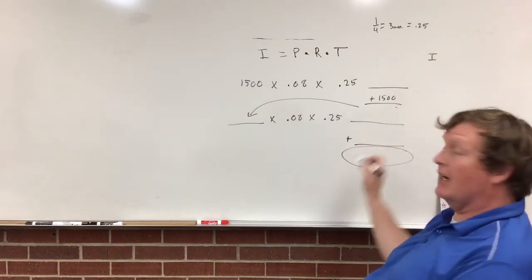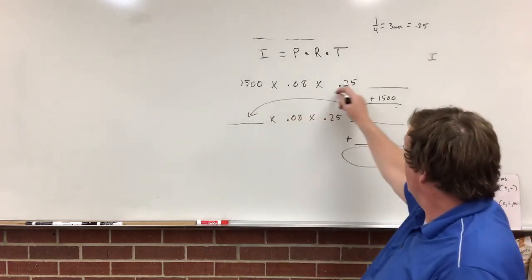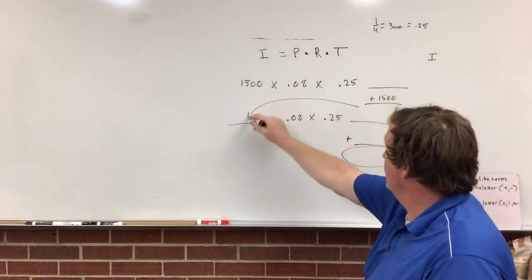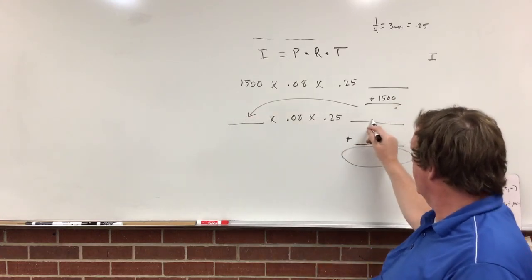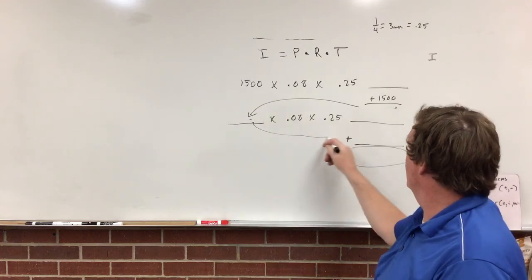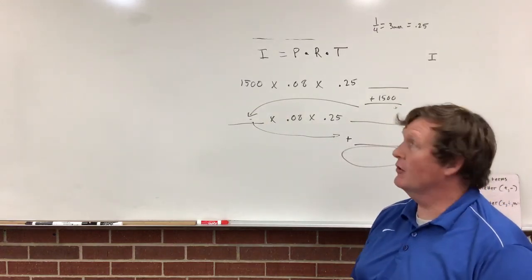That will give us our final answer. Multiply these, add this, take that answer and move it over here, and multiply these again, and then add this answer down here. That'll give you your answer for number 3.